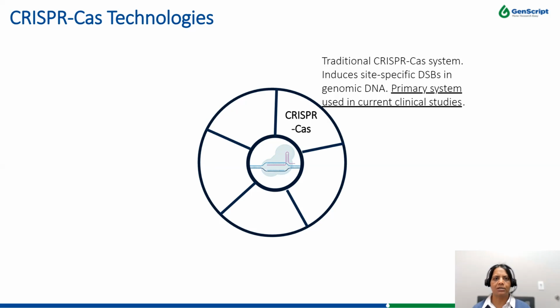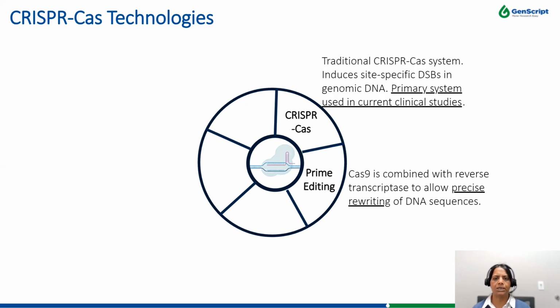Beyond this traditional method, it is also used as prime editing, which is a more advanced method that can fix a specific gene mutation without cutting the DNA, and it's very useful, like in sickle cell.